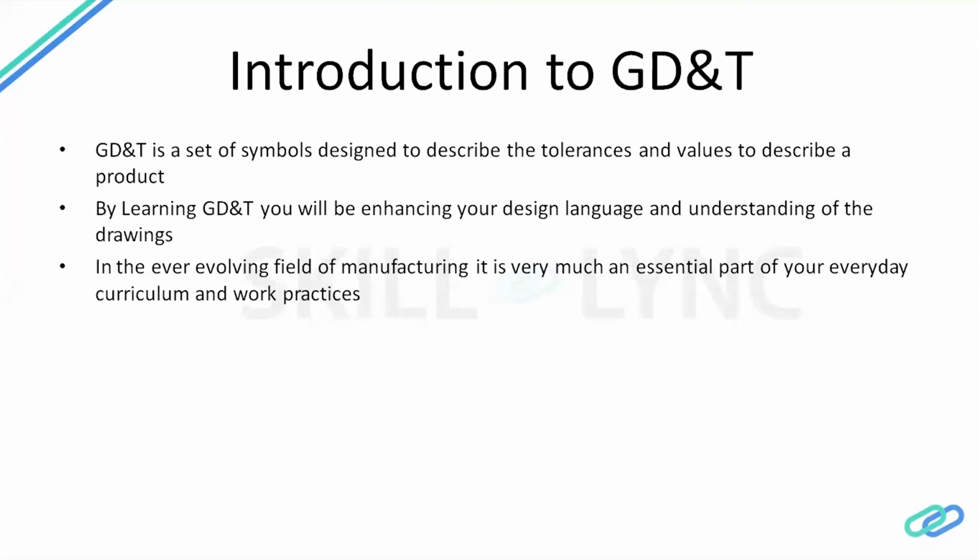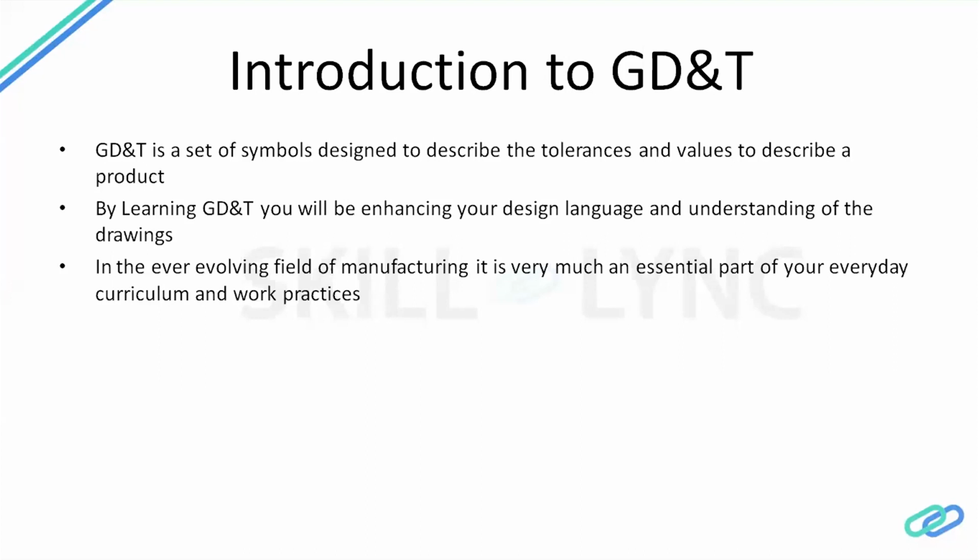These symbols give you the meaning for a part: how it should be manufactured, what tolerance it should go through, what size tolerance should be maintained, what geometric tolerance should be maintained, and everything related to that is given by GD&T, the set of symbols and the modifiers.